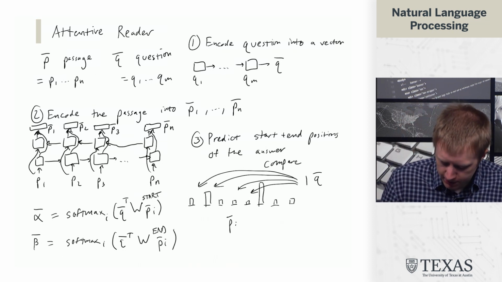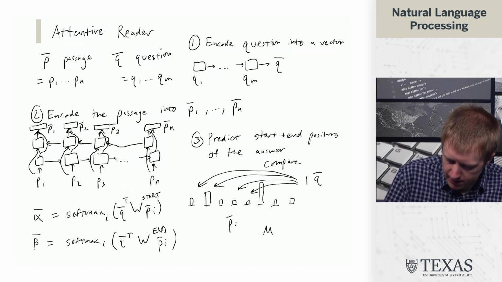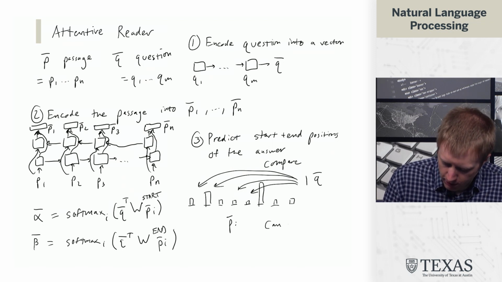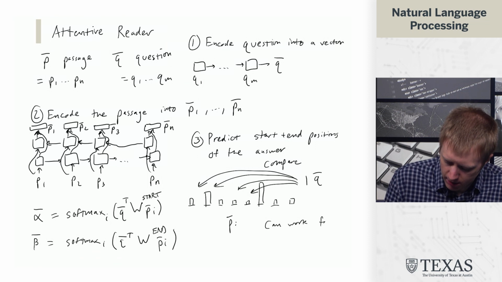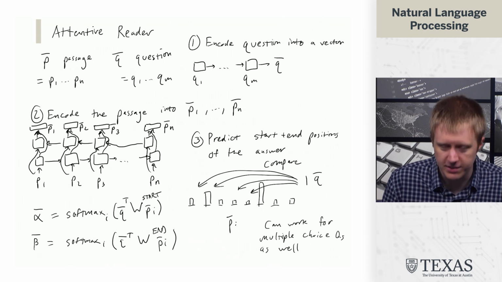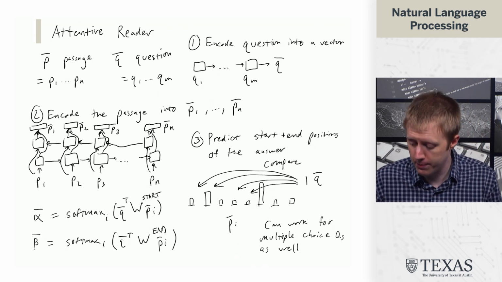So what I will say as well is that this can work for multiple choice questions as well. There are a number of QA datasets in a multiple choice format.